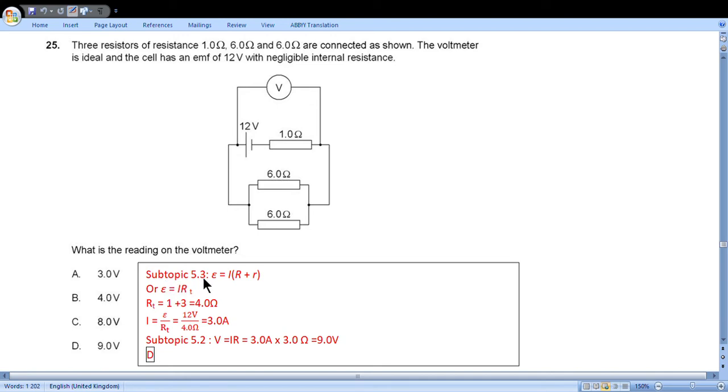Using subtopic 5.3, first we find the total resistance. 6 ohm and 6 ohm in parallel give 3 ohm. 3 ohm and 1 ohm in series give 4 ohm. Total resistance is 4 ohm, so we divide the total EMF by the total resistance and get 3 amperes. Then 3 amperes through the 3 ohm resistance gives 9 volts, so it is D.